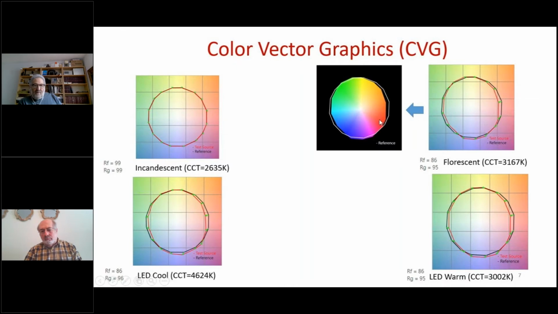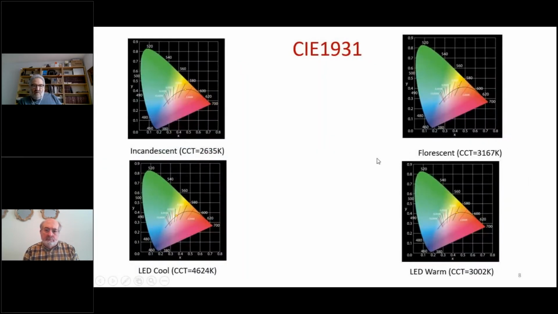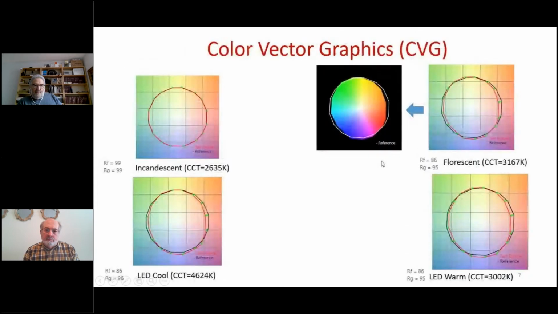For example, in the red region there is a little bit of desaturation, and also a negative hue shift. Sorry, go back again. You can get your gamut index and RF fidelity index, and these are the values you get.